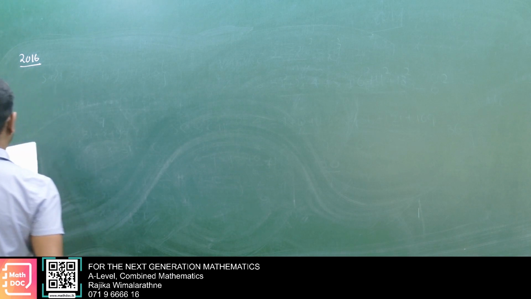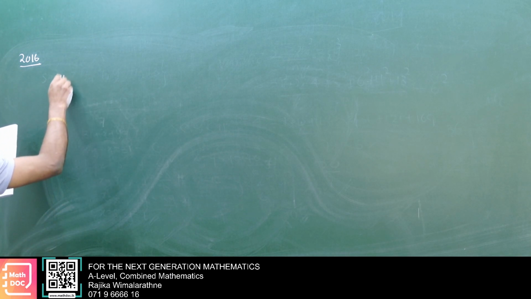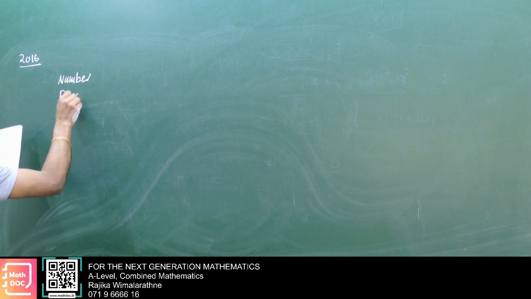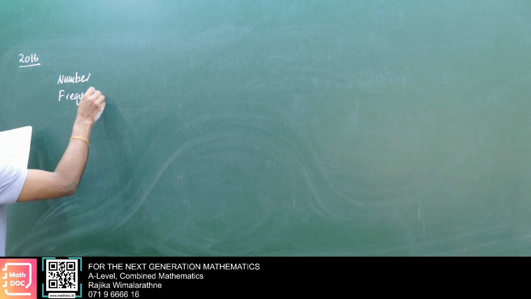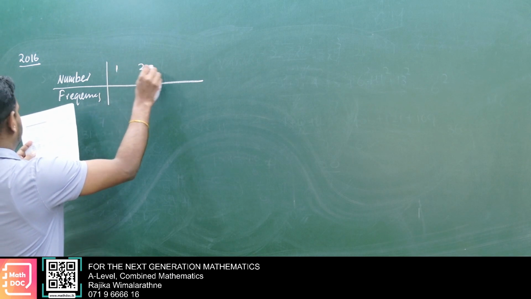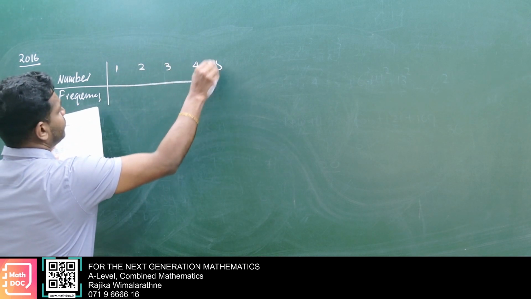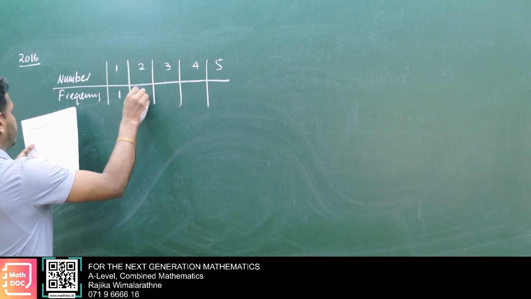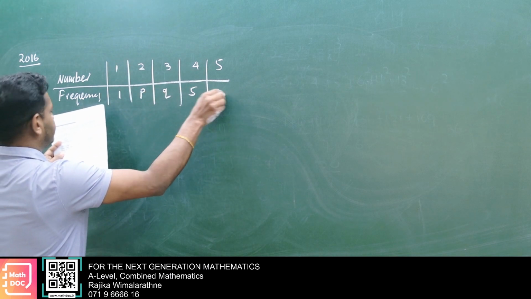Here a table is given with numbers 1, 2, 3, 4, 5 and frequencies 1, P, Q, 5, 2.